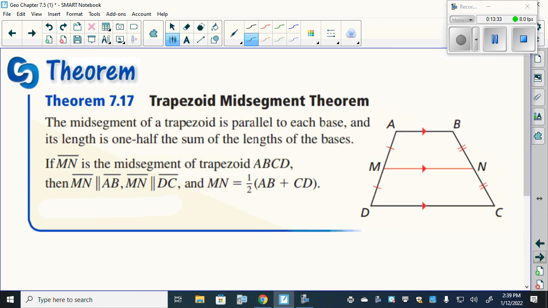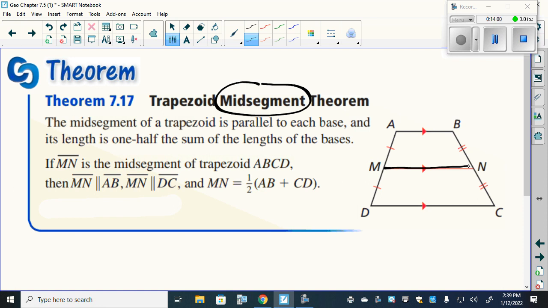The last thing we're looking at today is this here, the trapezoid mid-segment theorem. The mid-segment is accurately named because mid meaning middle, and it's a segment. So this middle segment is equal to half the length of the other two bases.